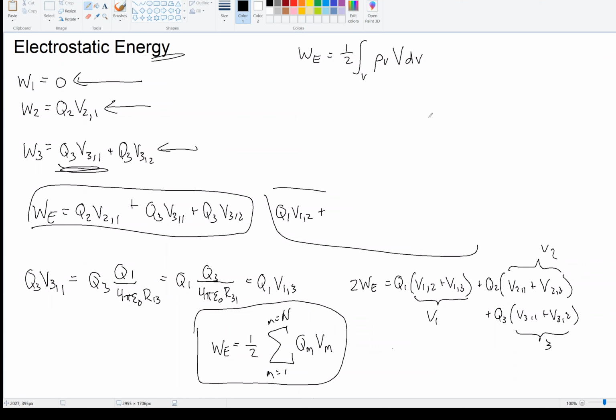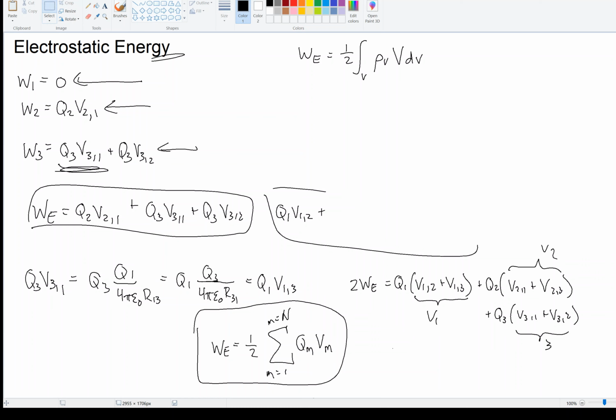So if we consider a continuous distribution as a bunch of small, infinitesimally thin points, then we would have 1/2 times the integral over the entire volume of the volume charge density times the voltage due to that infinitesimal point, right? And we integrate all those things up. And if we only had a surface, then this would be rho s ds, and if we had a line, rho l dl. But I'm using rho v as a catch-all for a volume.